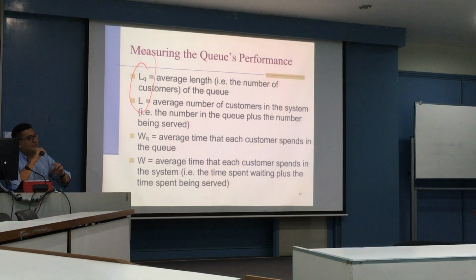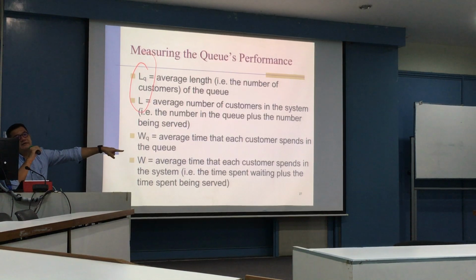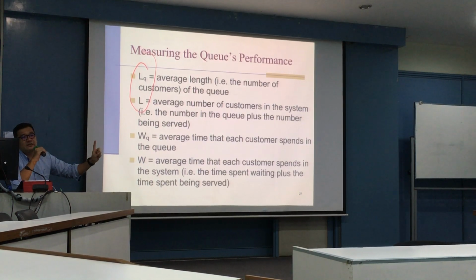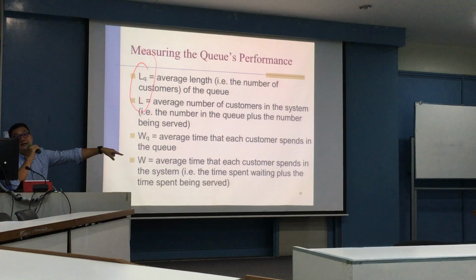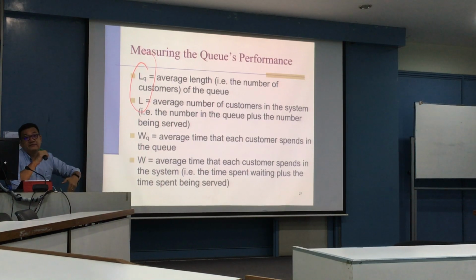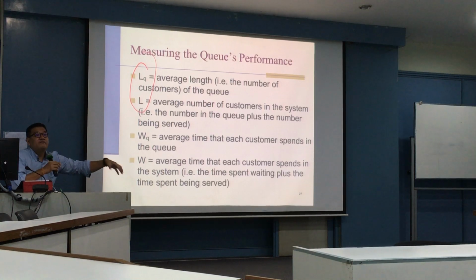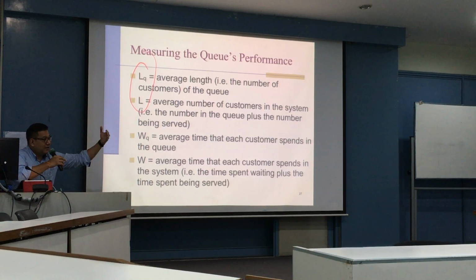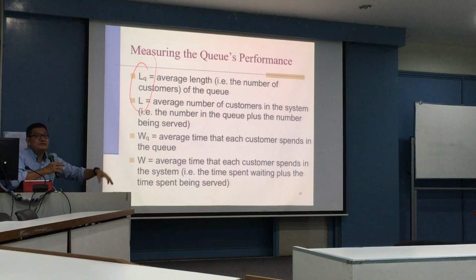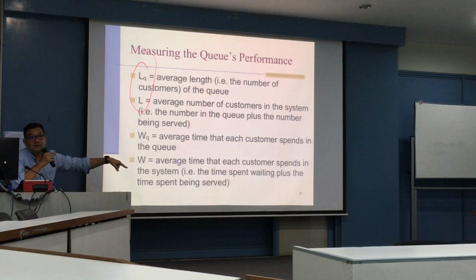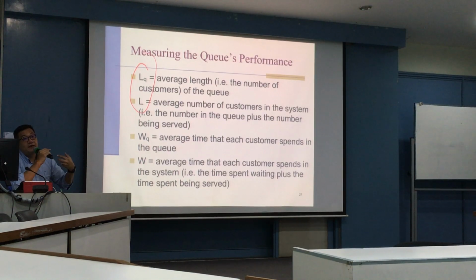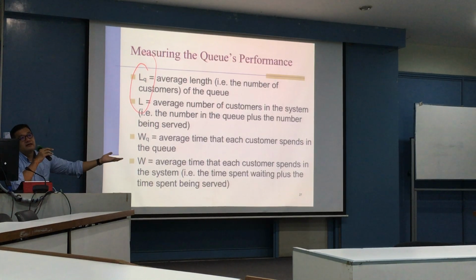For example, say I have an ATM machine, one person using the ATM machine, and the rest waiting in line. LQ refers to all the customers waiting in line, not including the one using the ATM machine. But for L, we combine the customers waiting in the line plus the customer using the ATM machine. So L includes all the customers in the system, that means in the waiting line plus the one using the service.